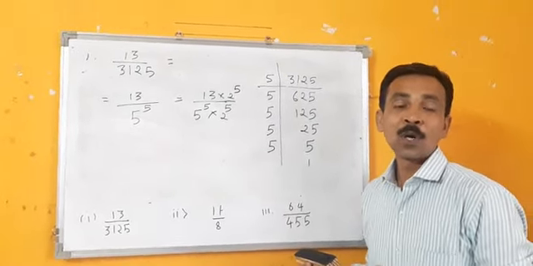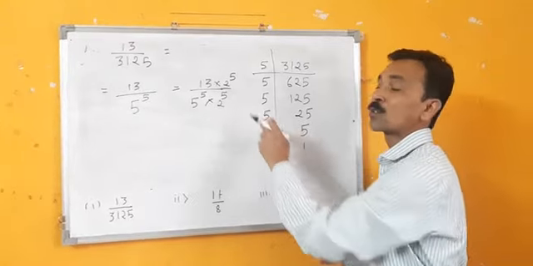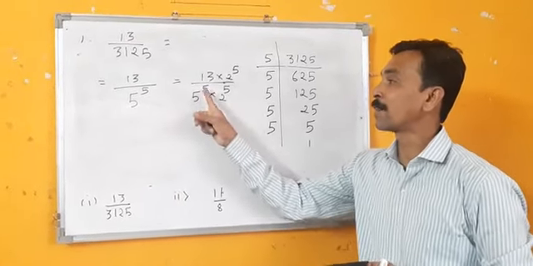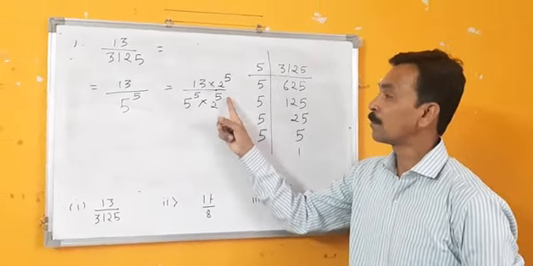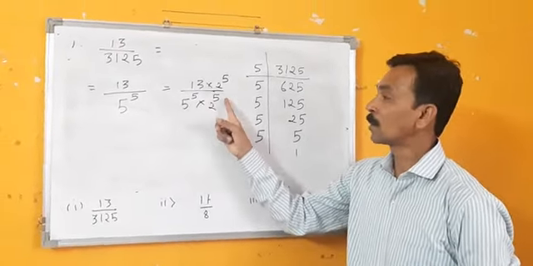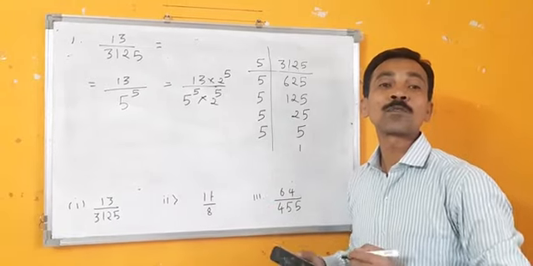Here we have seen all the factors are of 5, but as we have to write in the terms of 2 raised to n into 5 raised to m, I will write here 2 raised to 5. Why? Because the degree of 5 is 5. Same 2 raised to 5 I'll write in the numerator. Actually it gets cancelled, but we have to write to show in the terms of 2 raised to n into 5 raised to m.